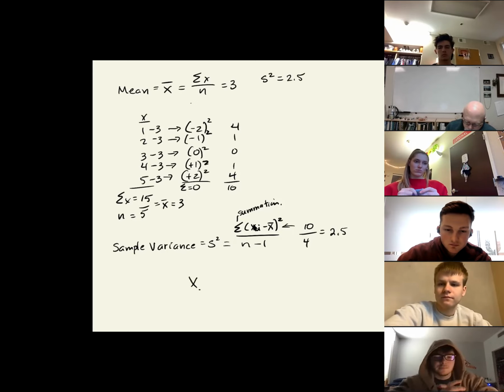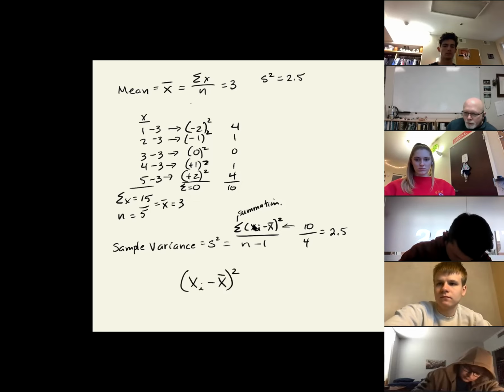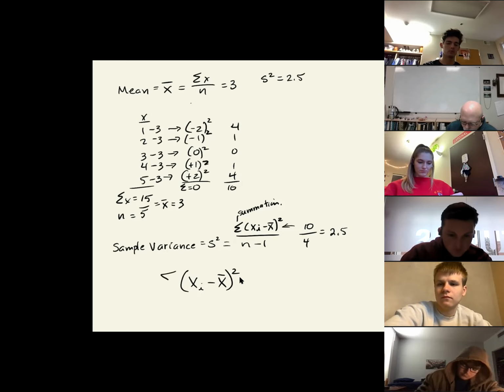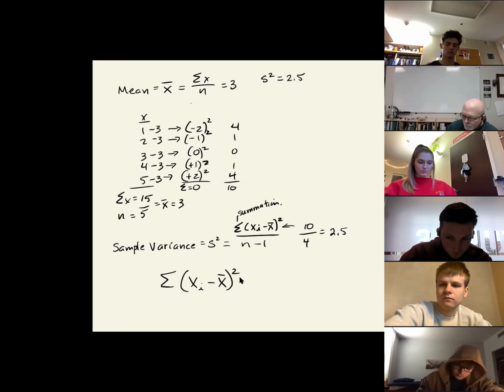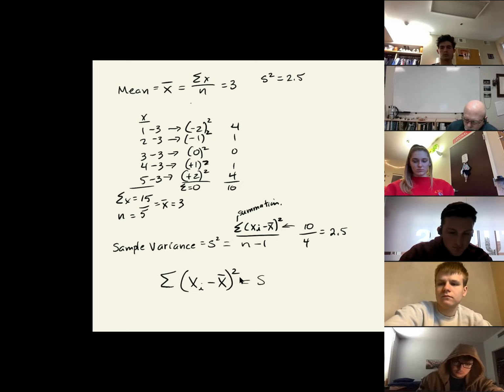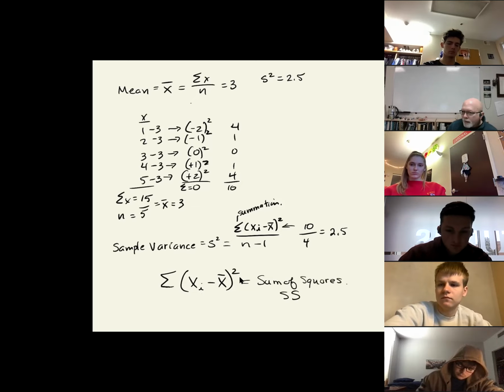This operation right here, where you take an individual data point, subtract the mean from it, square it, and then sum those things up across all of the data that you have, is referred to as the sum of squares. In statistics books, you will see it shorthanded SS.